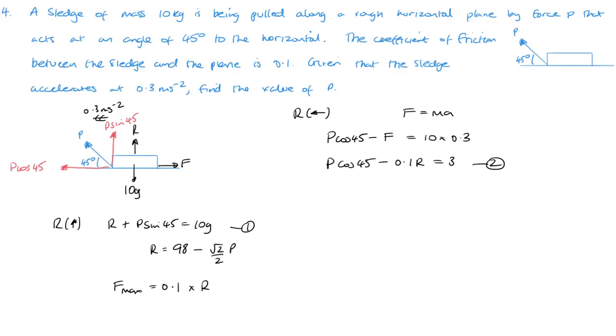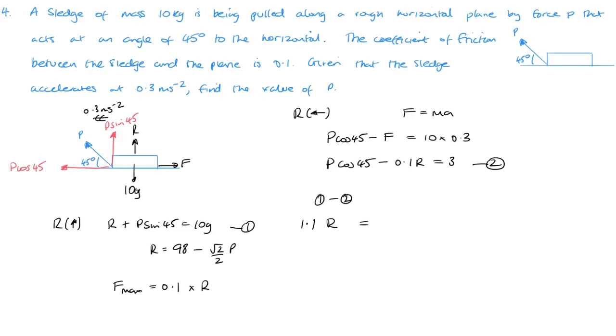Okay, so when I subtract 2 from 1, so 1 minus 2, I get R minus 0.1 R, which is going to be 1.1 R. Okay, so it's R minus this, P sin 45 take away P cos 45 as 0.